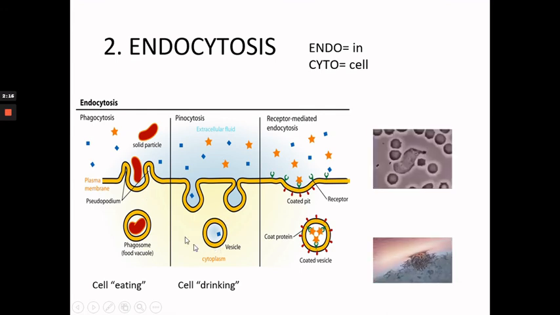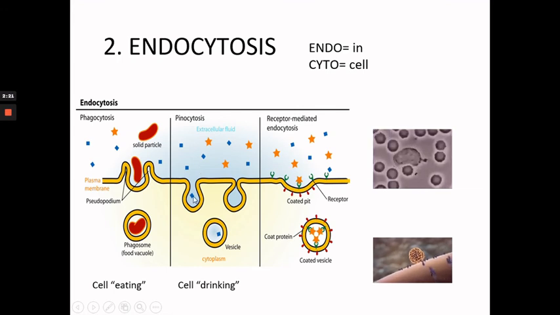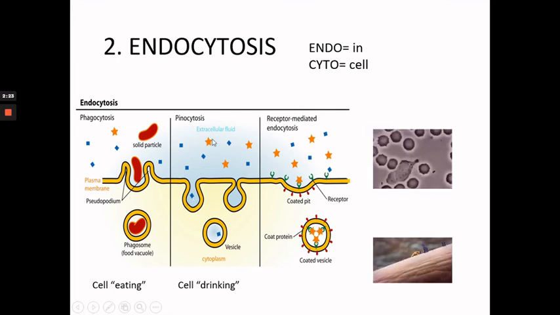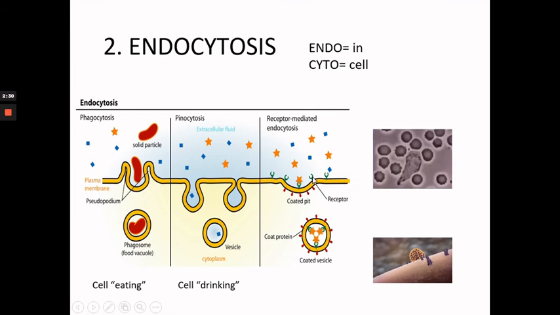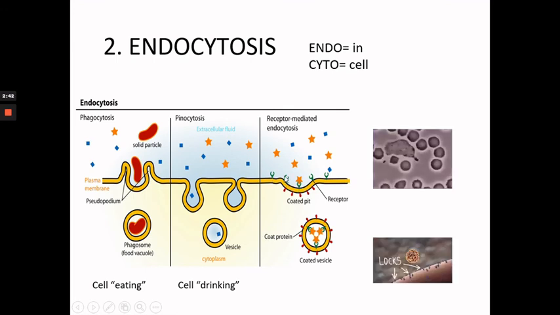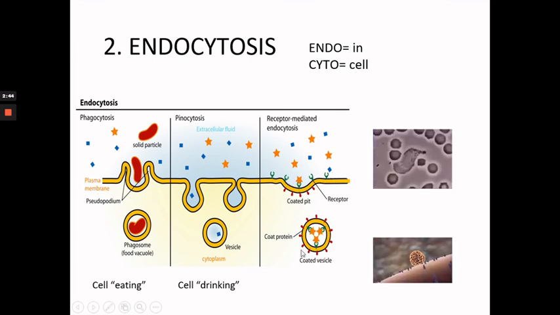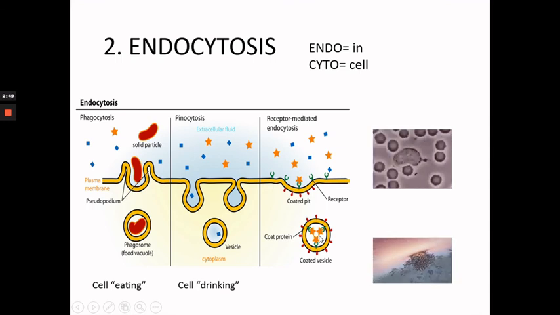A second type of endocytosis is when we try to transport liquid materials inside the cell, which is termed as cell drinking or pinocytosis. And finally, we have the receptor-mediated endocytosis, and that is where the materials will move by help of the receptors outside the cell membrane. This is how viruses enter our cells.